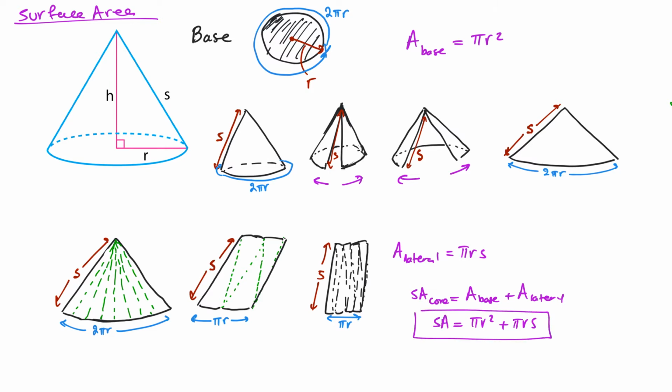And sometimes we write lateral area as LA. So if you ever see LA, it means the lateral surface area of a cone or other shapes that have a lateral surface.